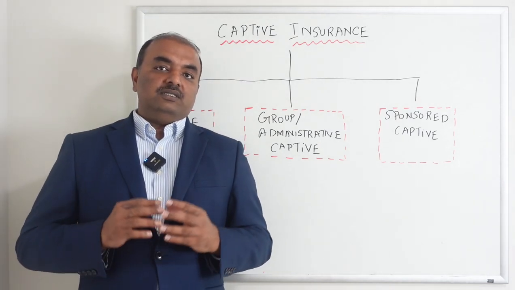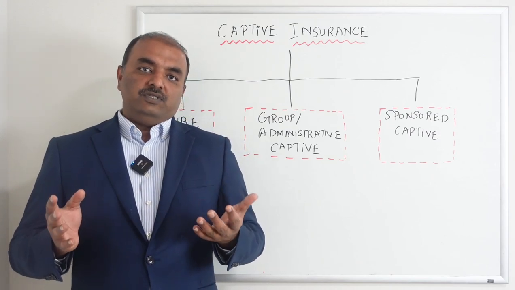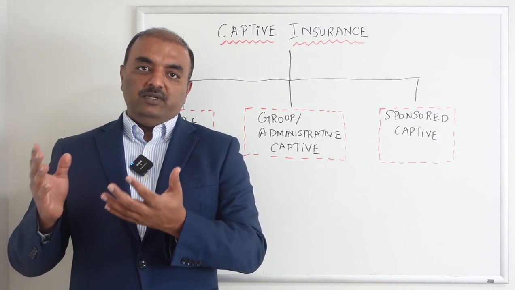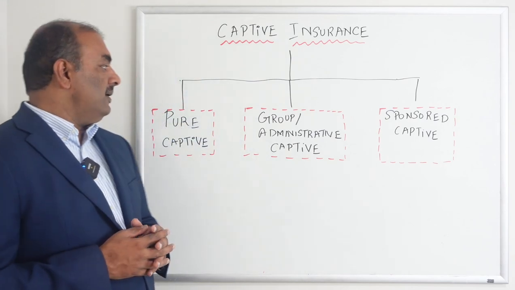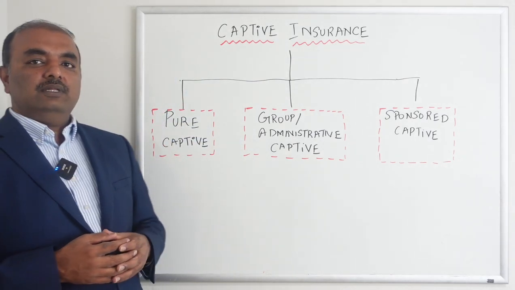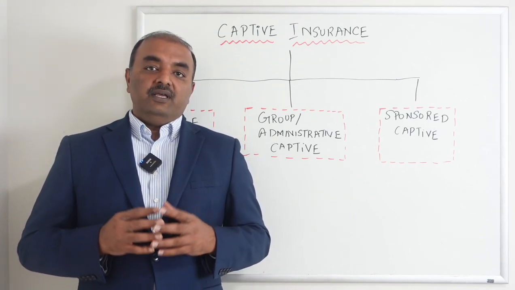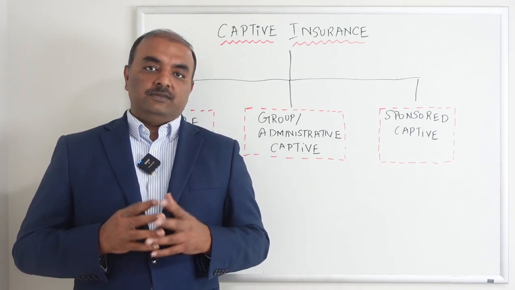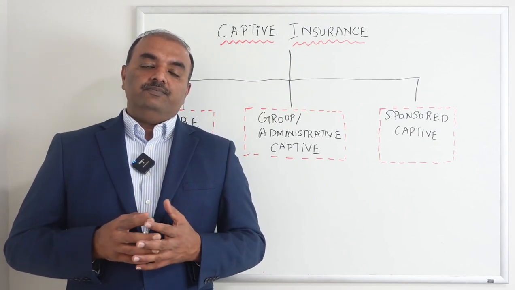Now that we have seen what captive insurance is and why we need it, there are different types of captive insurance, right? Similar to traditional insurance, here also we have different types. The first type is pure captive, which is nothing but a single parent captive. Say a big retail company like Walmart or Target wants to form an insurance company.